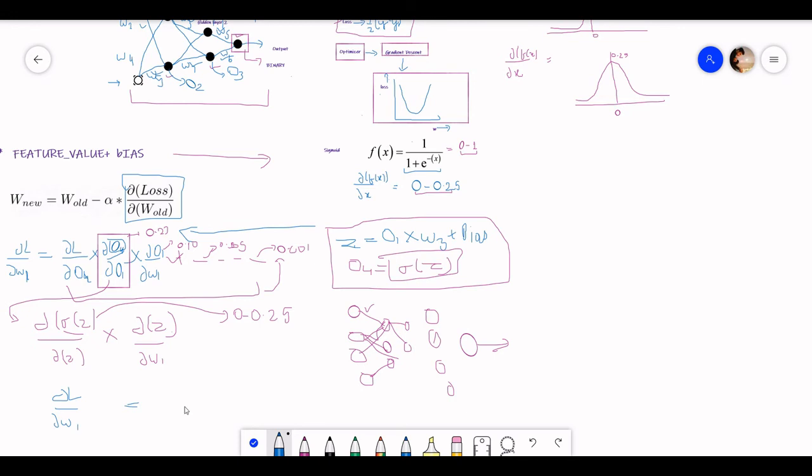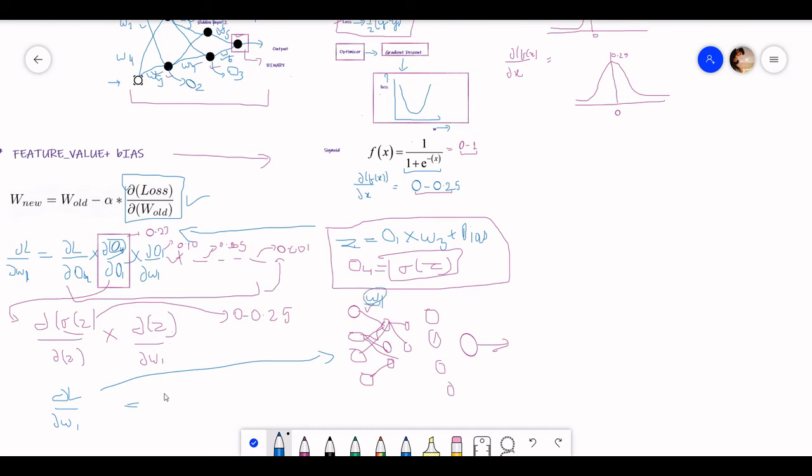Now I am talking about this. If I find the derivative of loss with respect to W1, according to this we update W1.